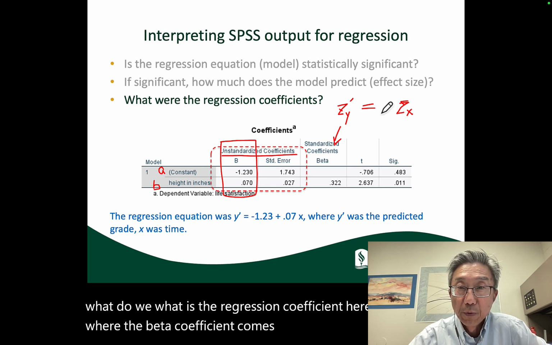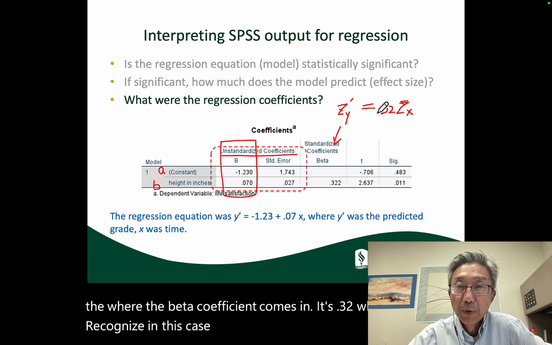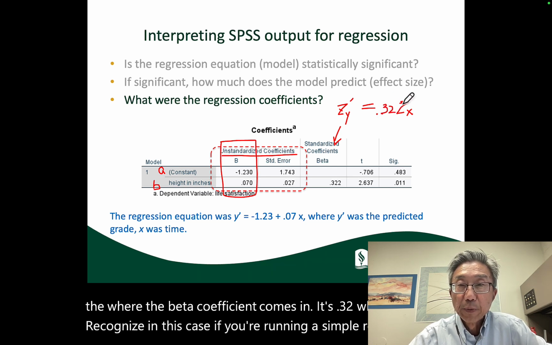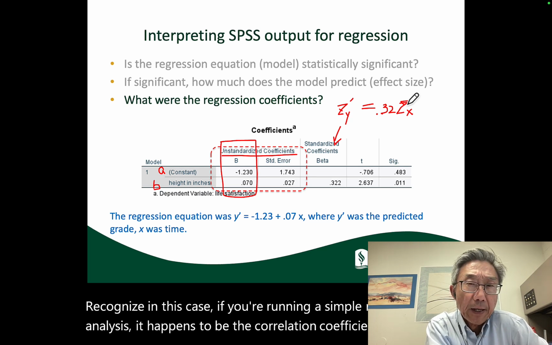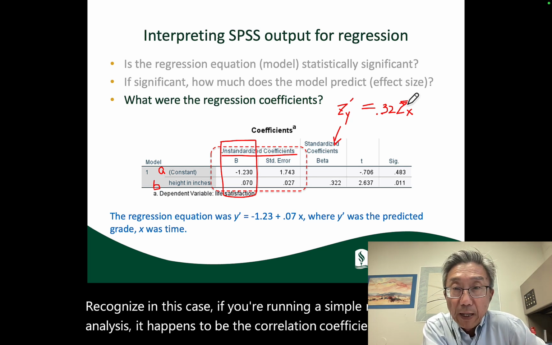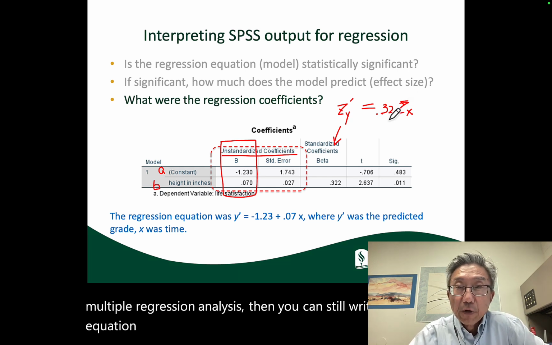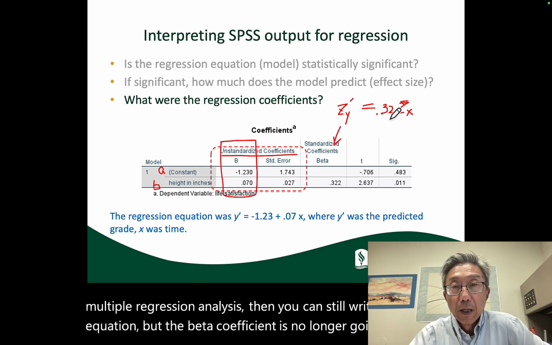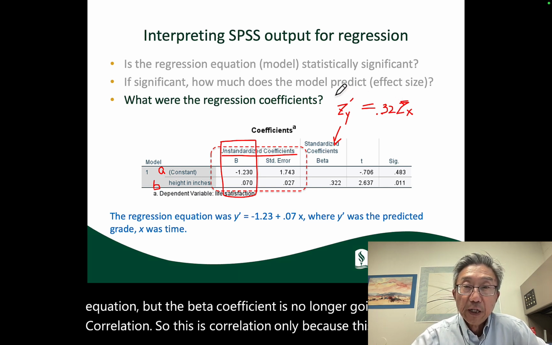It's 0.32, which you probably recognize in this case. If you're running a simple regression analysis, it happens to be the correlation coefficient. If it's a multiple regression analysis, then you can still write such an equation, but the beta coefficient is no longer going to be correlation. So this is correlation only because this is a simple linear regression.